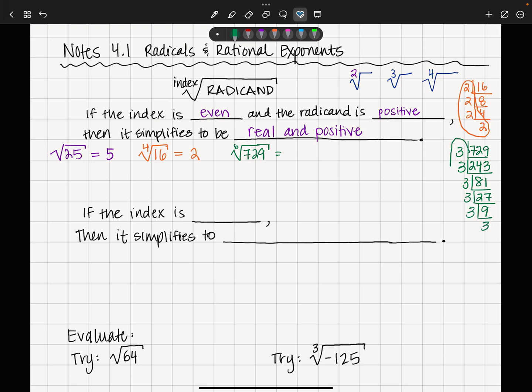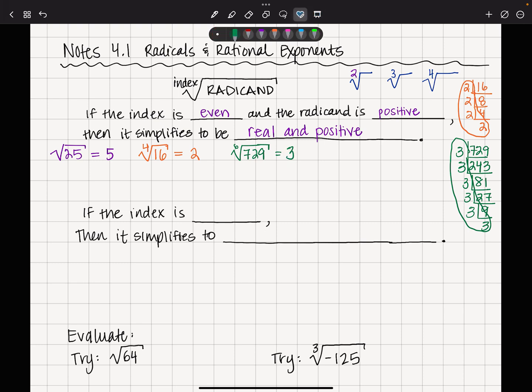Because it's a sixth root, I'd be looking for a group of 6 values that match. That would be 6 3s, so one of those goes to the outside. There's nothing left over, so there's no radical left over, which means the sixth root of 729 is a perfect value, and it's 3. A positive radicand with an even index gives you a real and positive simplification.